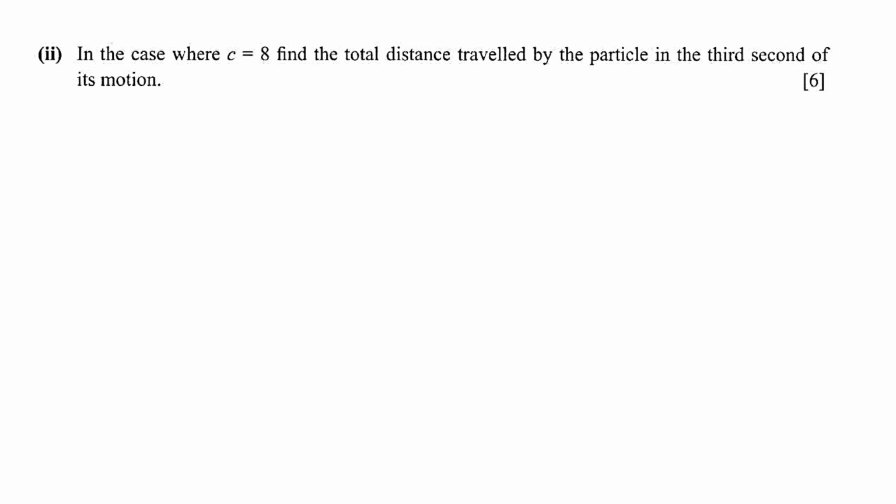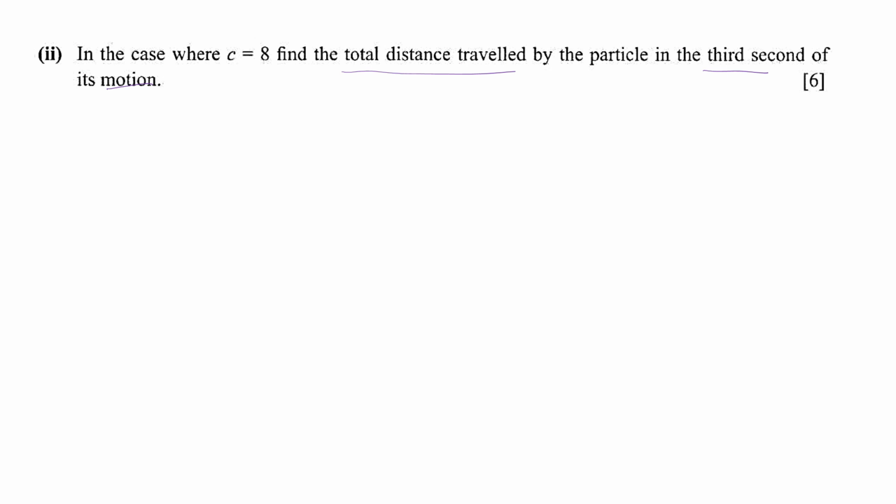Why do I say it makes life easier? Because you're supposed to find the total distance traveled by the particle in the third second of the motion. Since there's no turning point, you can find the total distance traveled in the first 3 seconds, then minus the distance traveled in the first 2 seconds.